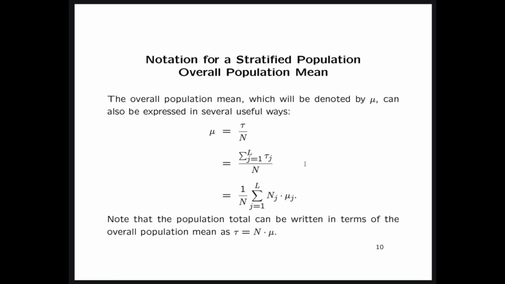Each of these ways will come in handy at some point, and that's why we give the three representations here. Once we have the first expression in particular for the population mean, we can go back and re-express the population total in terms of the population size and the population mean, tau being equal to cap N times mu.